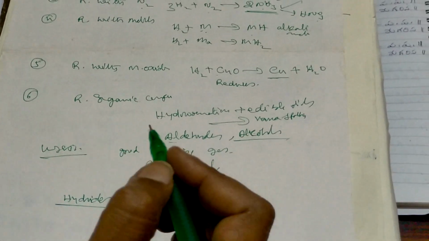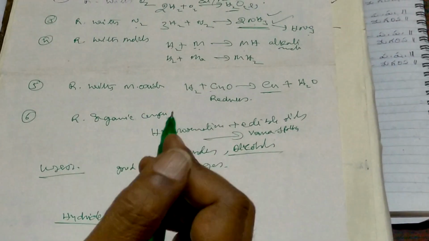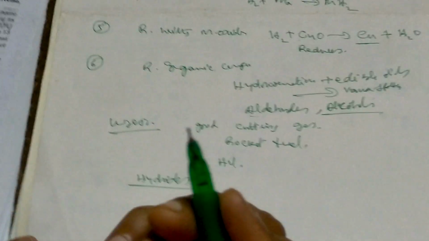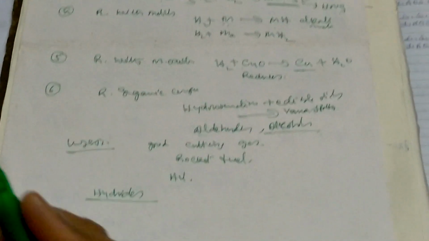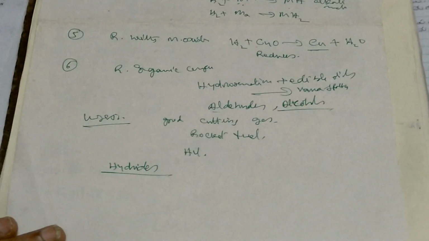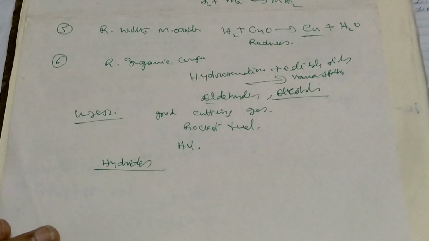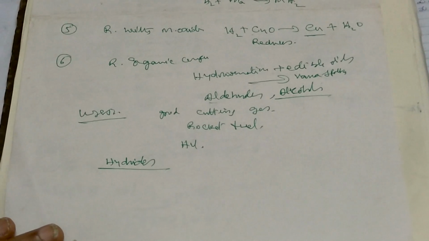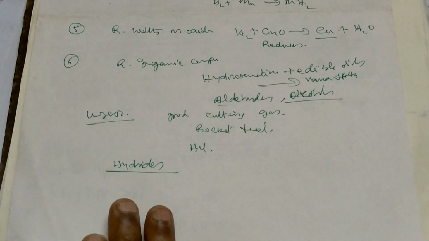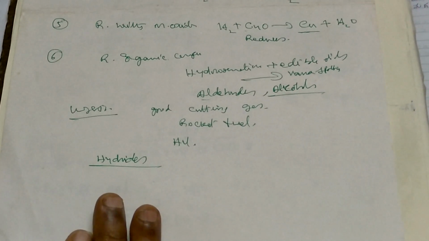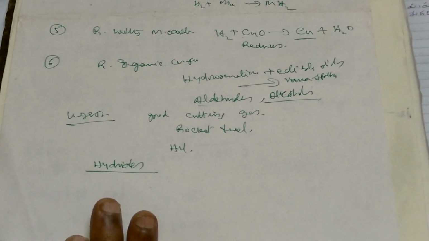Metal hydrides on reaction with water give hydroxides. Lithium hydride gives lithium hydroxide, and sodium hydride with water gives sodium hydroxide. Lithium hydride is of course slightly unreactive. These are the ionic hydrides.